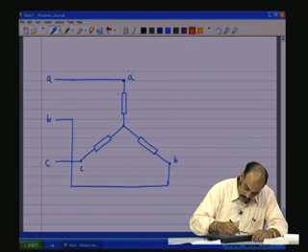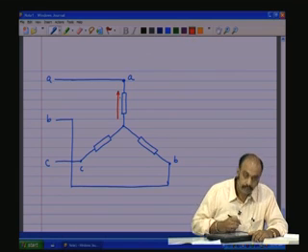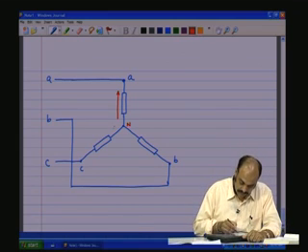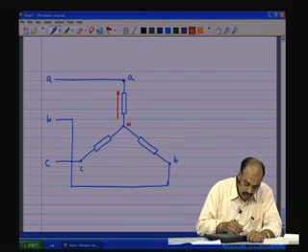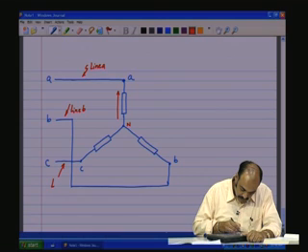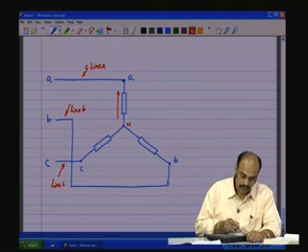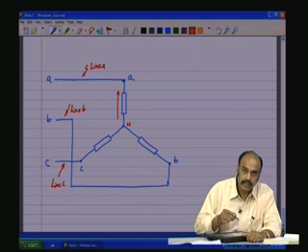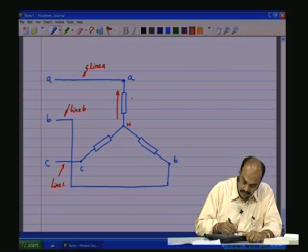Now, the voltage across each of the phase, and let me call this one N, the neutral, across each of the phase, that is, this is called line, this is called line A, this is called line B, and this is called line C. Line A, line B, line C. Between the line and the neutral is called the phase, and this portion is called the phase circuit.